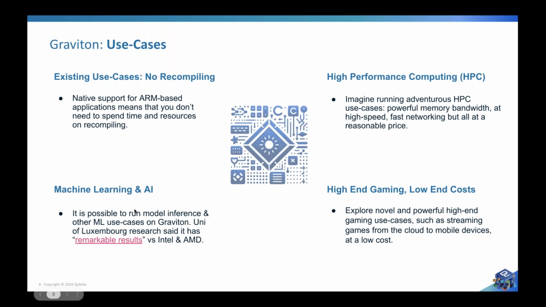You should be able to use Graviton for ML inference. And this is one of the research papers that you can find where they have compared Graviton instances against Intel and AMD, and they have found that there are considerable cost benefits when you're using Graviton against Intel or AMD.